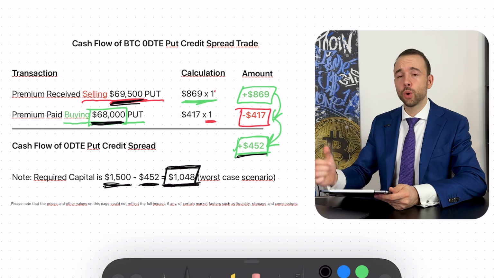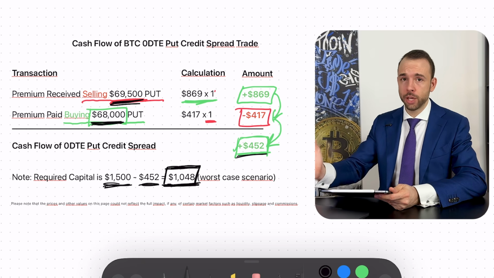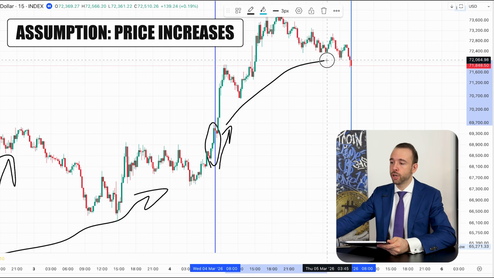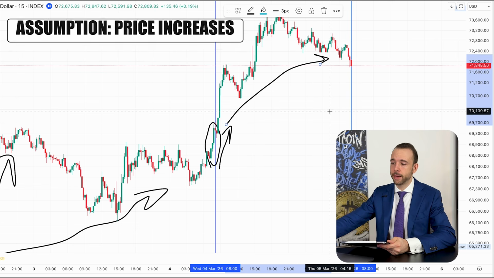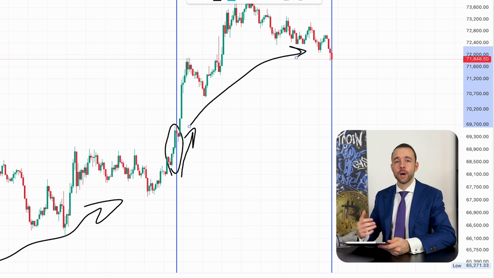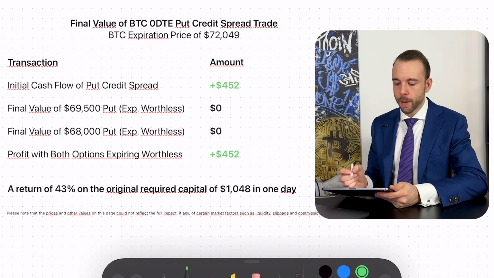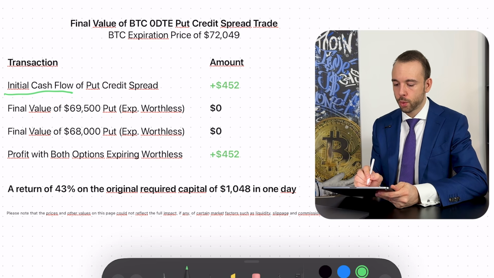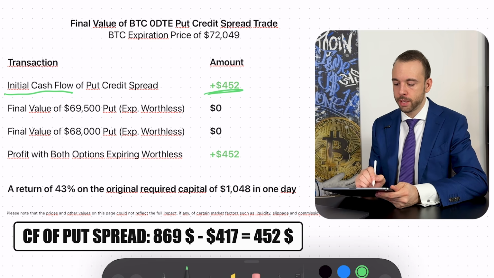Let's take a look at what is going to happen at the expiration date. The bullish pattern was successful, and as a result, the Bitcoin price ended up even higher, at $72,000. Let's see what exactly happened with the options and what profitability our trader achieved. As you remember from the previous step, the initial cash flow from this strategy was $452.